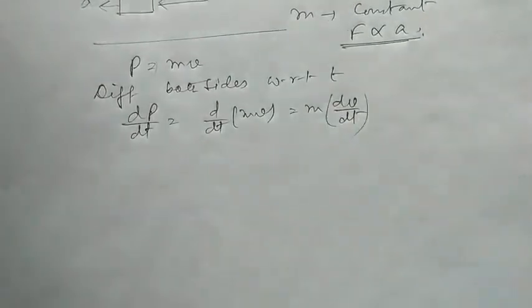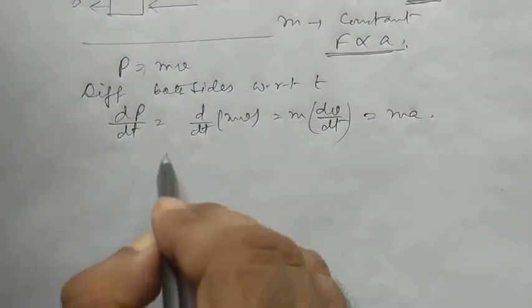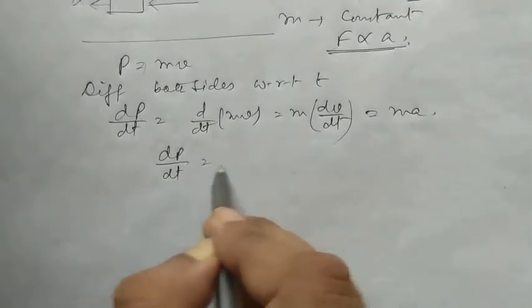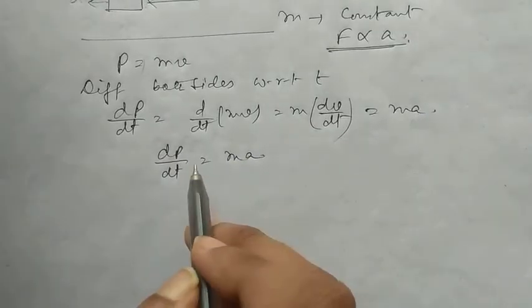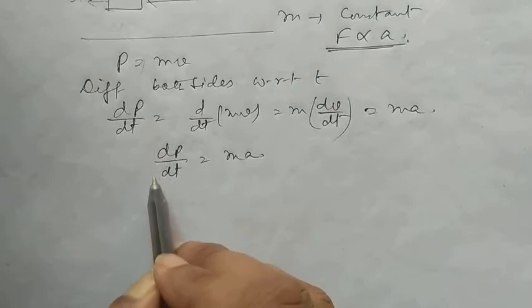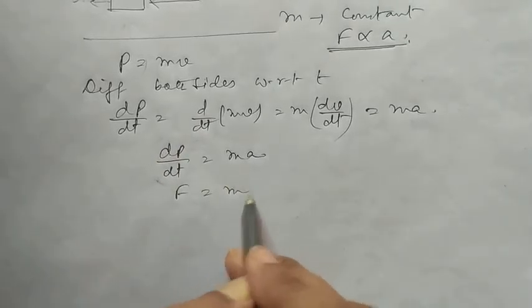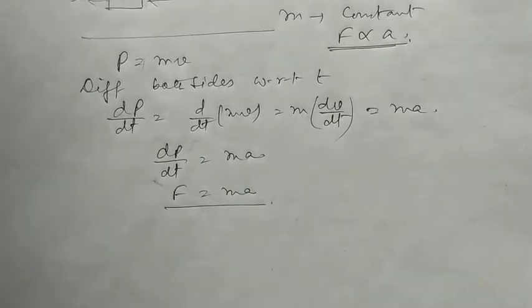Now what is dv by dt? Acceleration, so it is equal to ma. So dp by dt is equal to ma. From the definition of Newton, rate of change of momentum is the force. Force is equal to mass into acceleration.